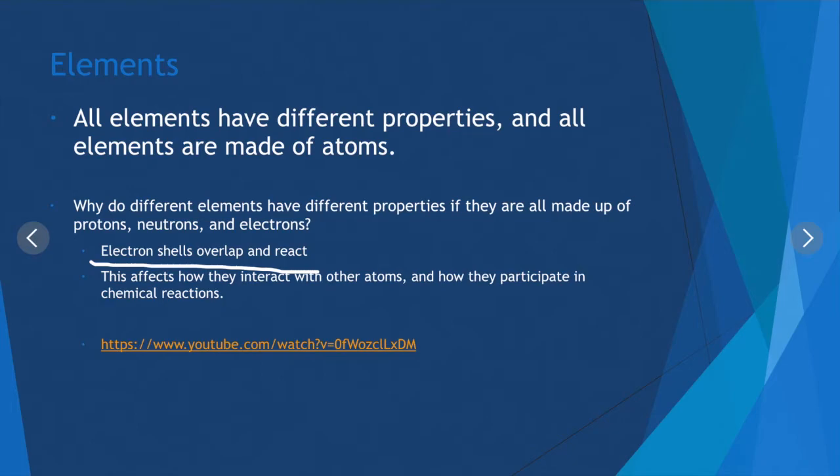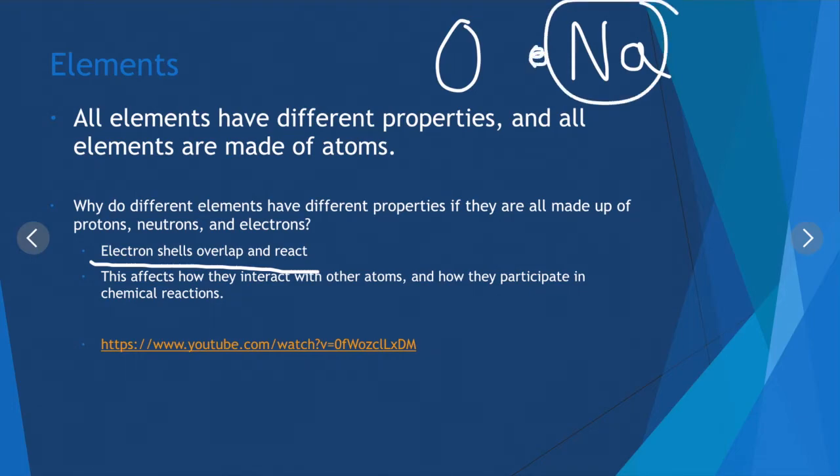And it affects how they interact with other atoms and how they participate in chemical reactions. So oxygen is very different from sodium, and it's because their electrons interact very differently. Okay? It all has to do with the electrons and the outermost shell, the valence electrons. Okay?